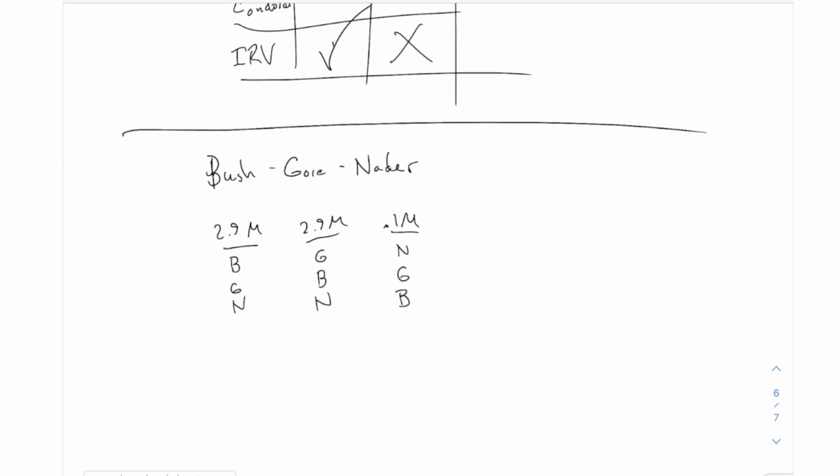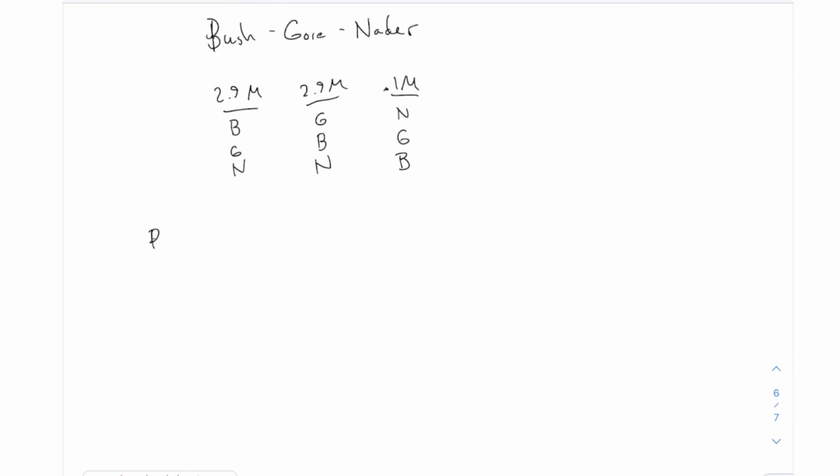All right. Can we do it with the instant runoff? How would we do it? We do the rounds. Okay, so round 1 is I add up the votes in top positions. Bush has 2.9. Gore has 2.9. Nader has 0.1. These are all millions, of course. And so who do we eliminate? Nader, yeah, definitely.